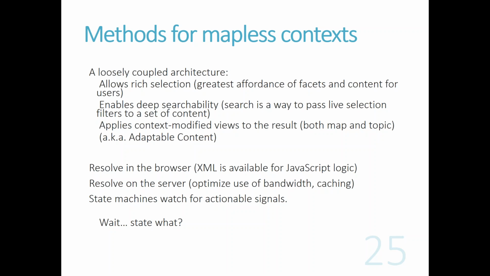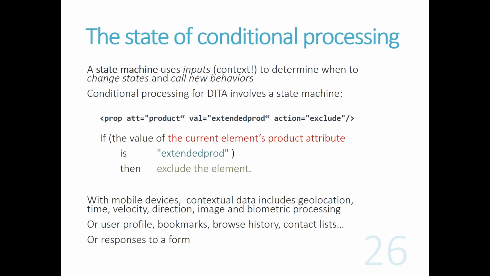Another way of looking at these is that they're state machines that are sitting there and watching for actionable signals. Keep in mind the thermostat, for example. So state machine, what is that? DITA files are actually examples of state machines. A state machine uses inputs to determine when to change states and call new behaviors. So a case of a DITA entry would be that line in black where the attribute is product, the value is extended prod, and the action is exclude.